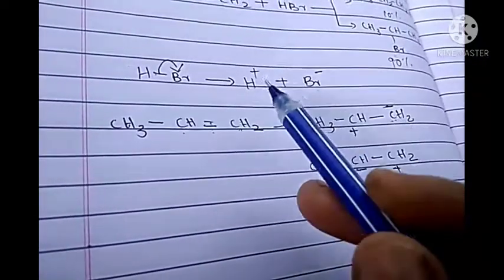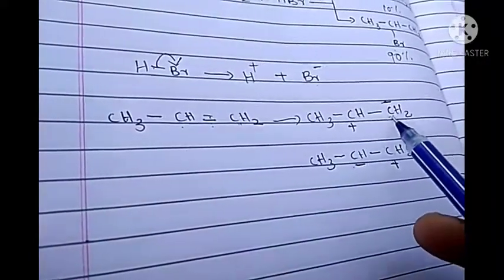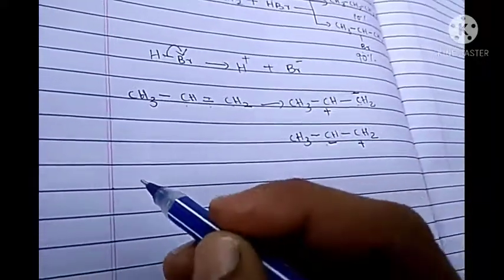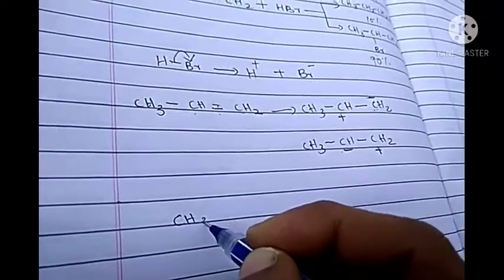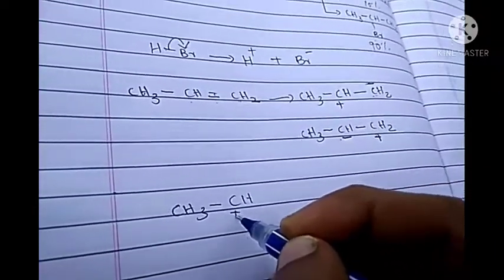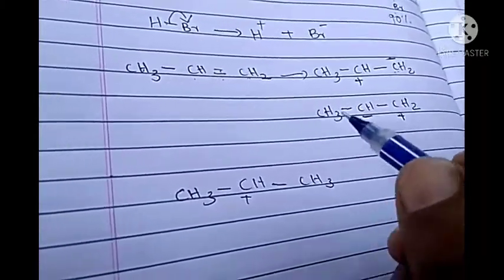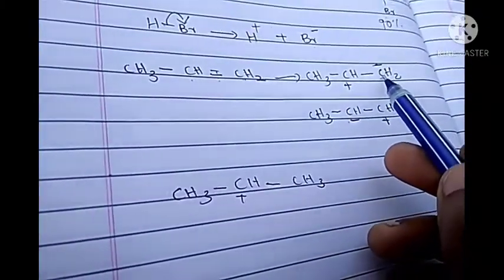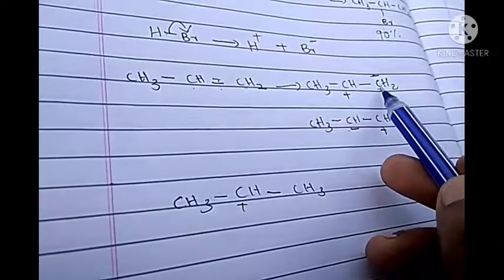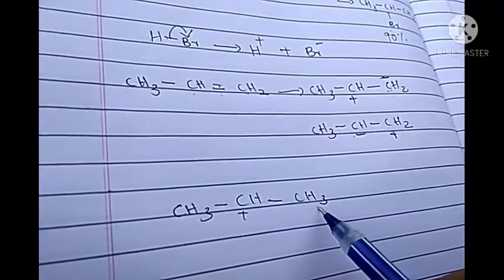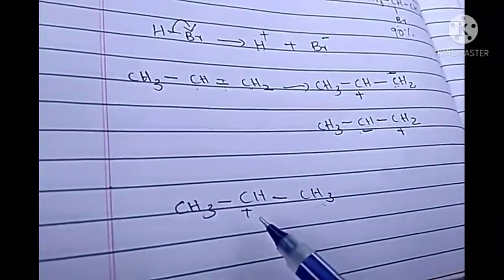If the electrophile H+ attacks this product, what will be the resultant intermediate we get? CH3, CH+, CH3. This will be one intermediate. This H+ attacks this negatively charged carbon and forms a new covalent bond, and as a result we get the intermediate or a cation like this.